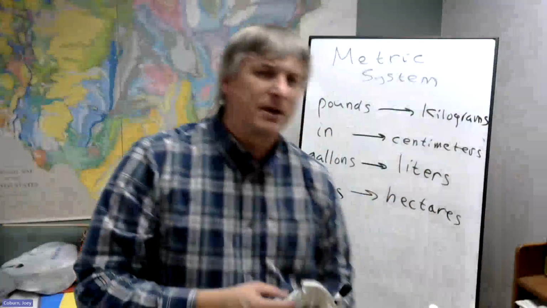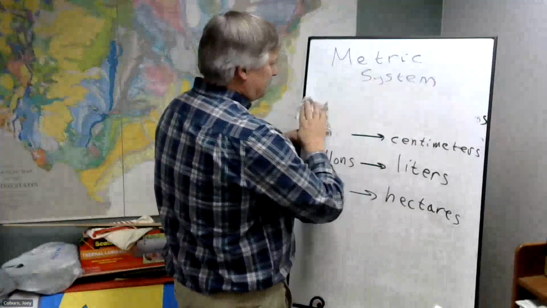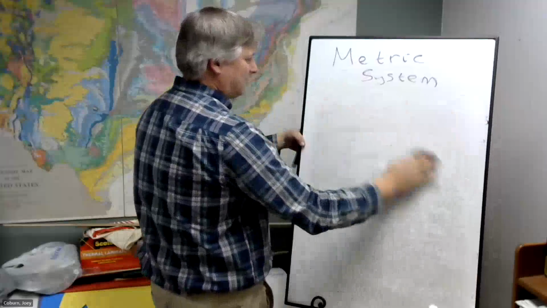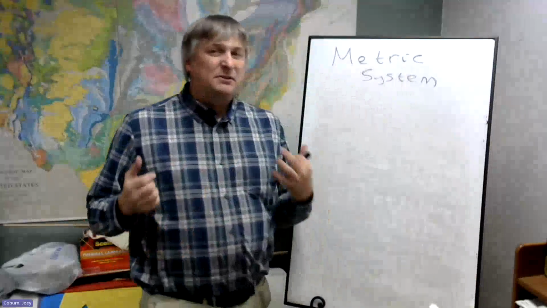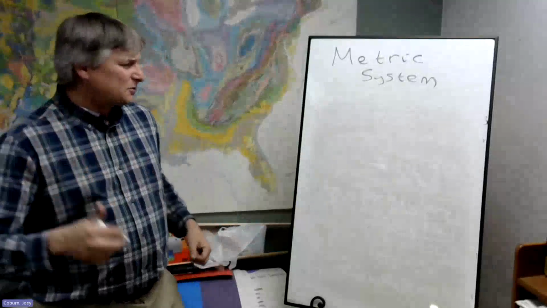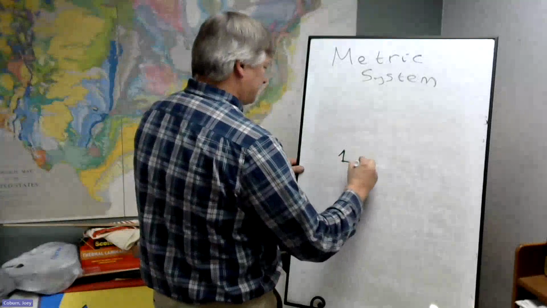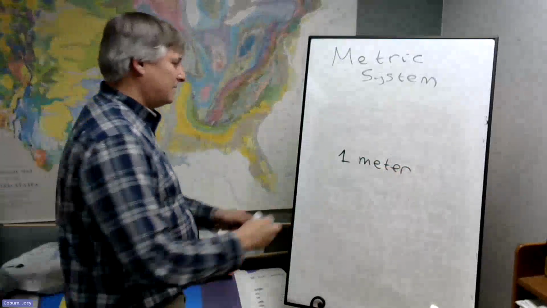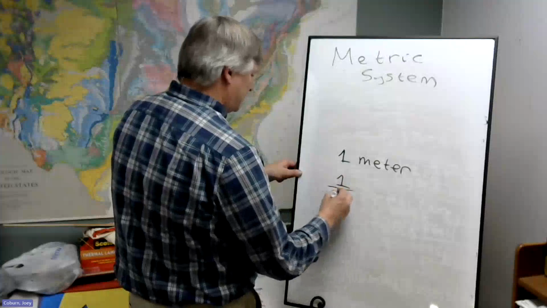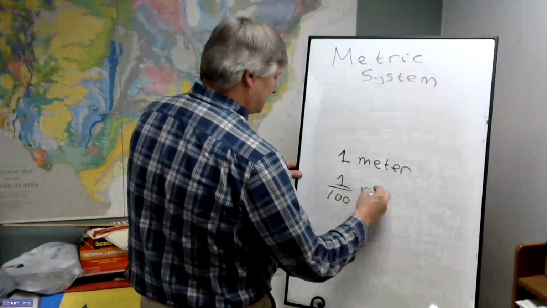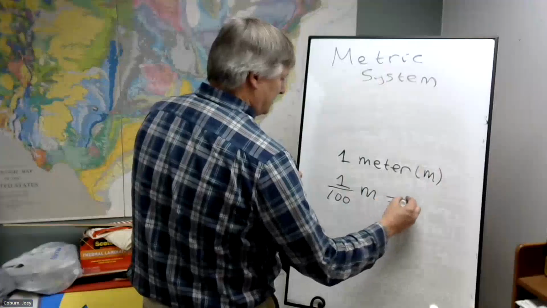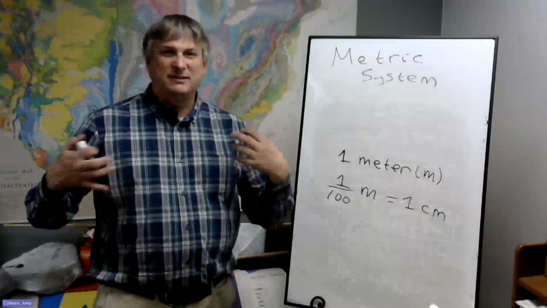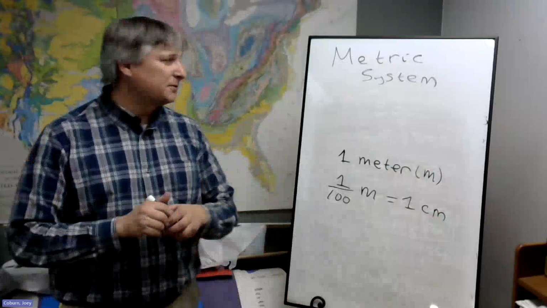Now, there's one other thing about the metric system I want to mention. It's a base 10 system. So, for example, if we have 1 meter, a centimeter is 1/100th of a meter. We call this base 10 because a tenth times a tenth will give you a hundredth.